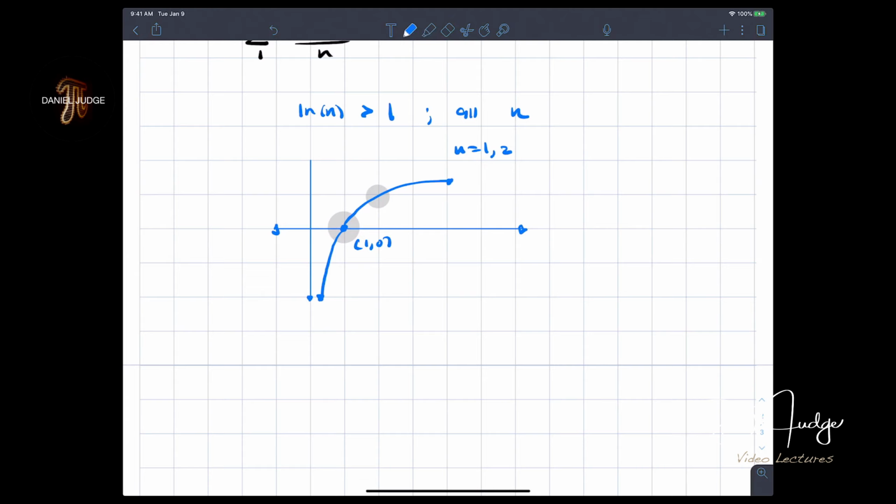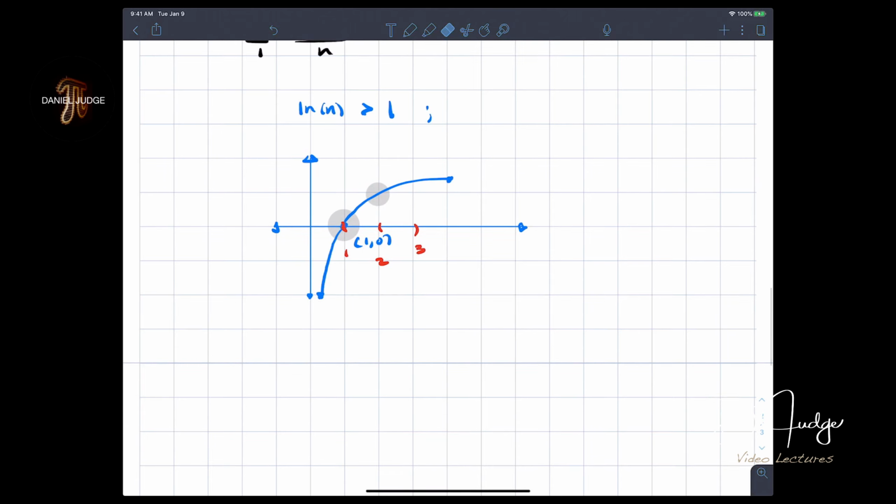All right, so let's create the right inequality here. This isn't true for all n. So here n is going to be 1, 2, 3, and I believe we have to start at 3.